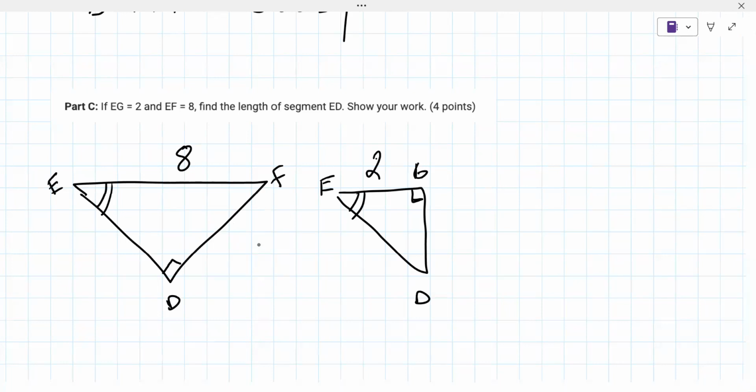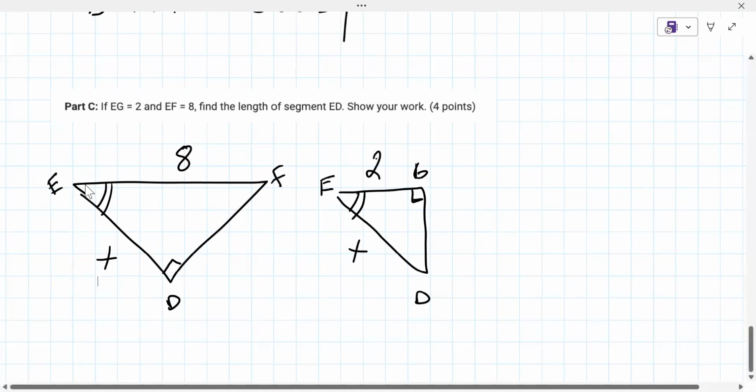Well, ED and ED are the same. You see that they're the same? Okay, and that's what we want to find. We want to find ED, thankfully.